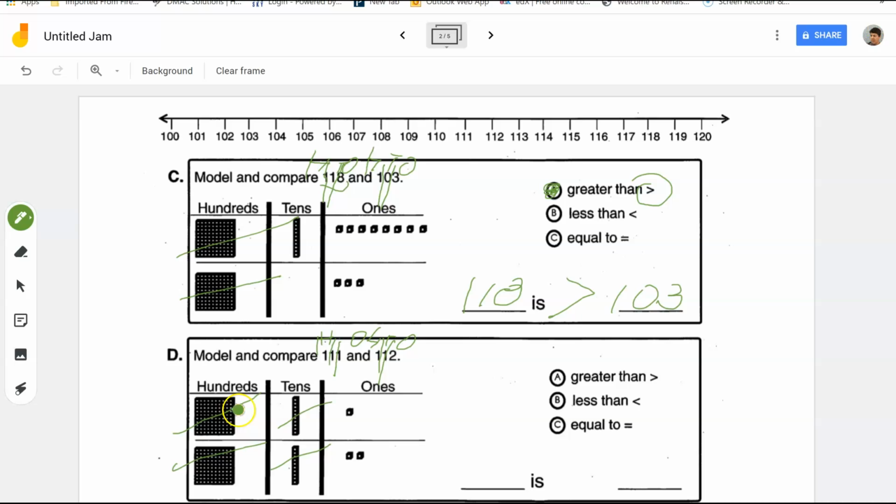So now I know that this number, 111, is less than 112, right? So I have that 111 is less than, this is my symbol for less than, 112.